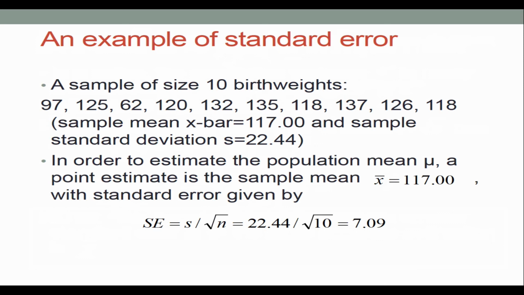Previously we talked about how big X bar is actually a random variable, because the selection of the sample is a kind of random experiment. We define a random variable, and a random variable should have its variance. And this variance has a relationship with the underlying standard deviation or standard error.